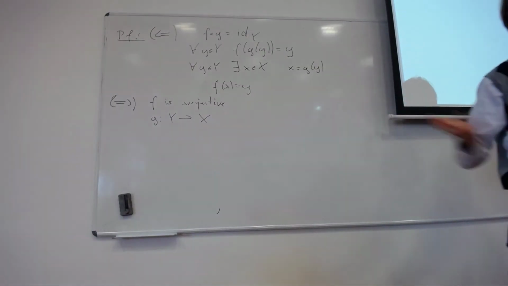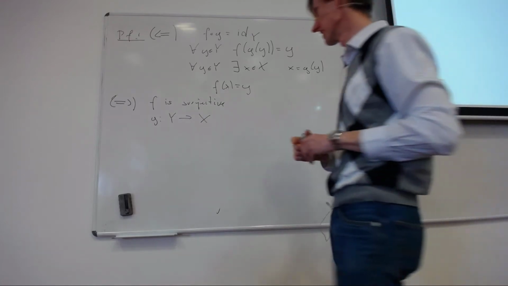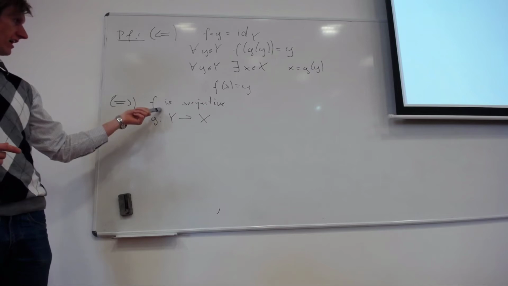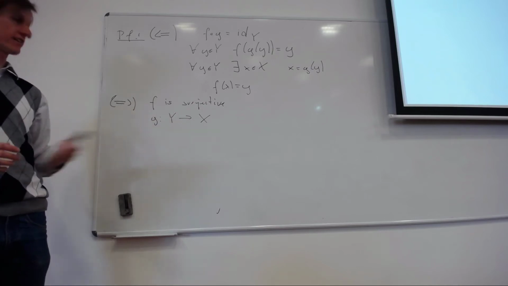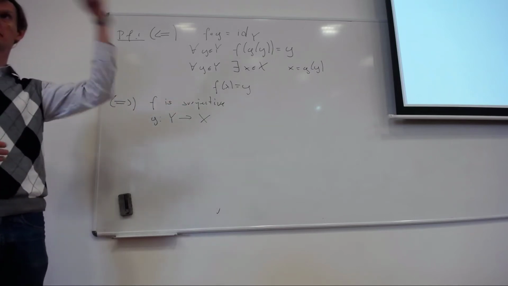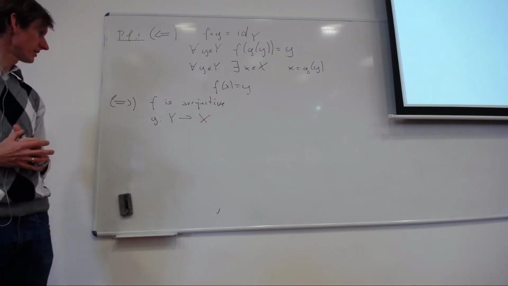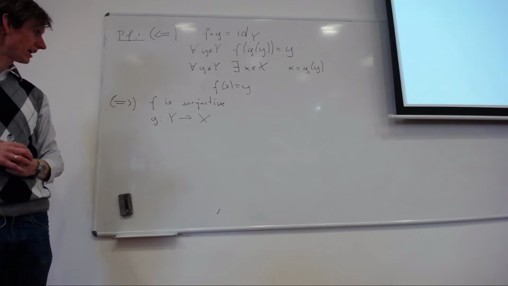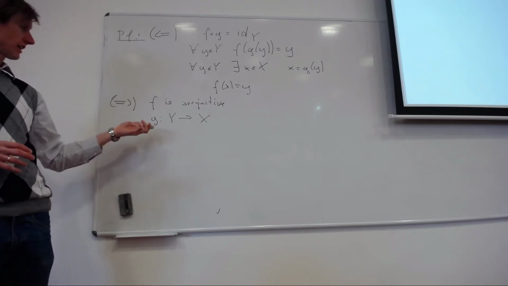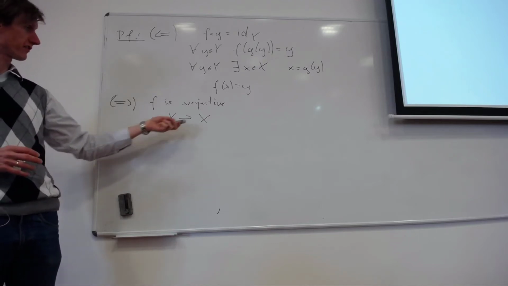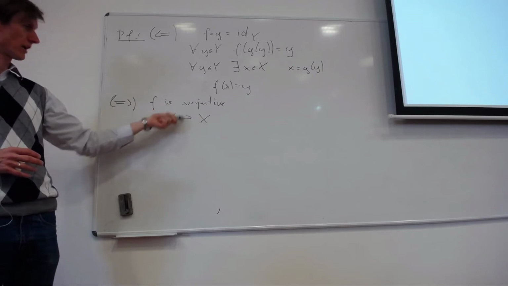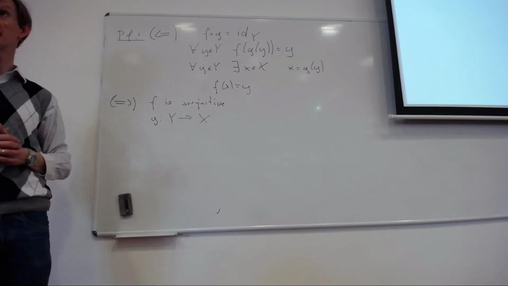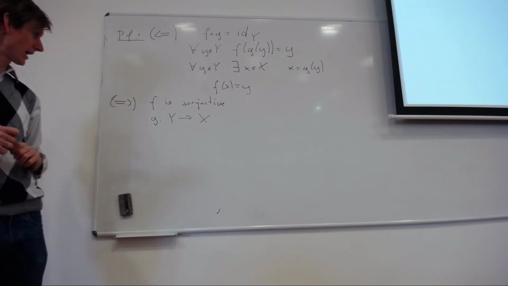The concept is fairly easy because this function is surjective. For every element of the set Y, we are able to find something from the counter image of this function. So if we want to define a function that goes from Y to X, we have to define a value for this function g for every element of the set capital Y.